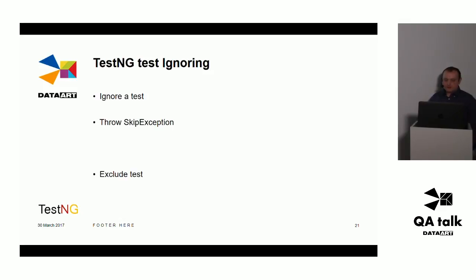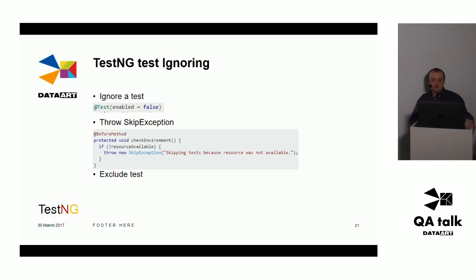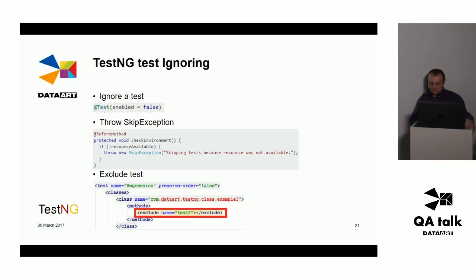Skip exceptions. So how to ignore a test? In TestNG there are different possibilities. You can just make enabled false. You can throw a skip exception, and you can exclude it from the TestNG XML. So you have different possibilities.